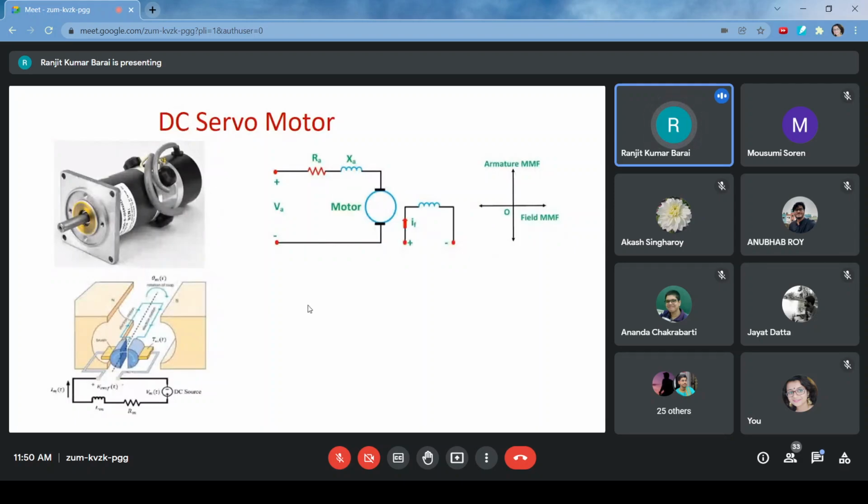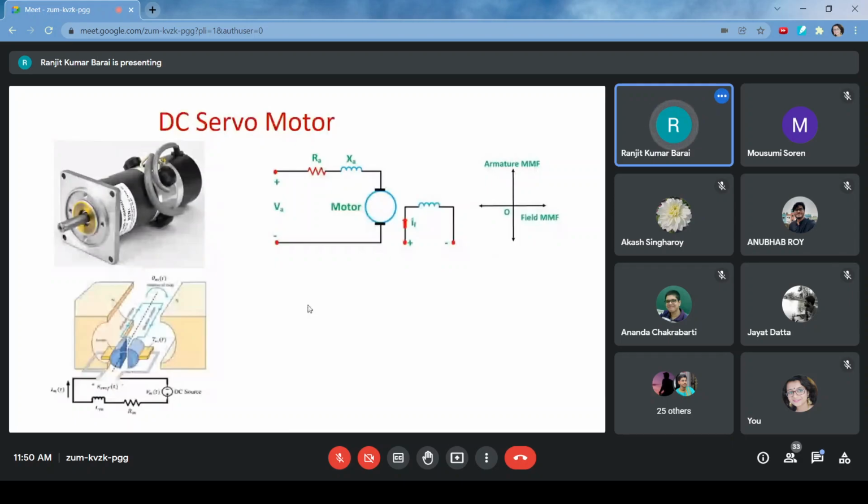So we can say that if there are two motors lying in front of you, one is DC servo motor and another one is just ordinary commercial DC motor, how will you identify the DC servo motor? Which one is DC servo motor? It's very simple. As I said, DC servo motor should have a small moment of inertia.